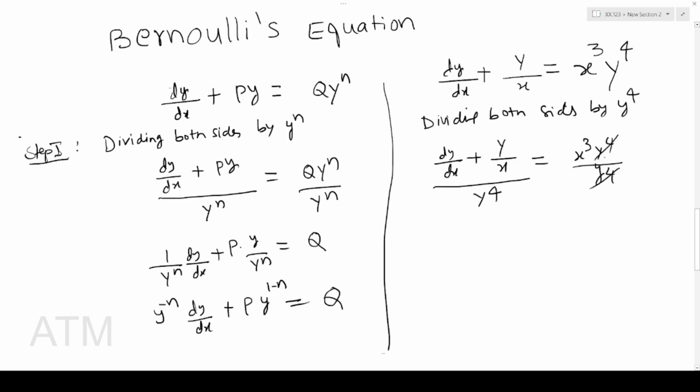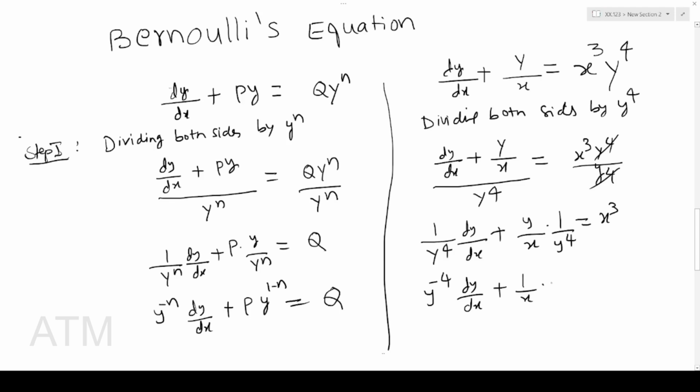This and this cancel. This becomes 1 upon y raised to 4 dy by dx plus y upon x into 1 upon y raised to 4 equals x cube. This can be written as y raised to minus 4 dy by dx plus 1 upon x into y raised to minus 3 equals x cube.